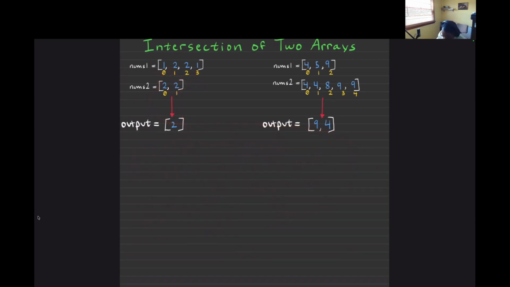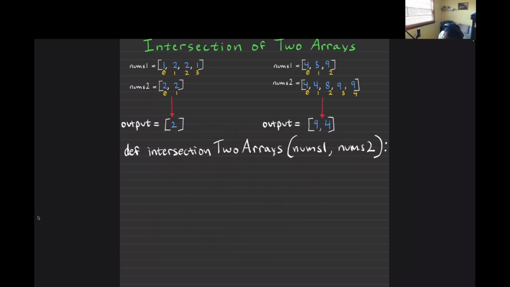So let me go ahead and get my function signature and body. So intersection two arrays takes in nums1 and takes in nums2, right? So we have nums1 here. So nums1 is equal to a set nums1, okay? And then we have our output array. So output, we define it as empty in the beginning, okay?